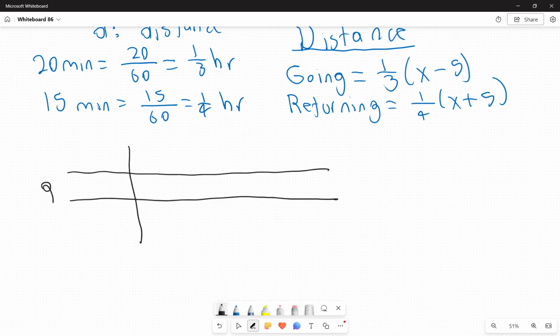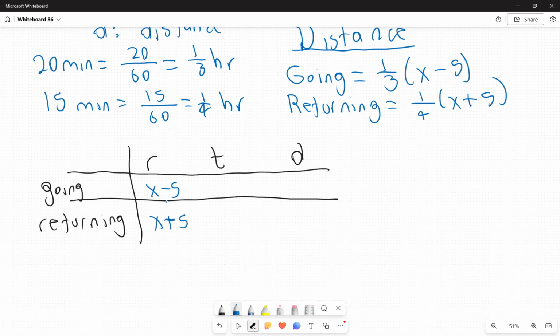We have the going trip and the returning trip. And then the variables were the rate or velocity, the time, and the distance. The velocity against the current is x minus 5, with the current is x plus 5.